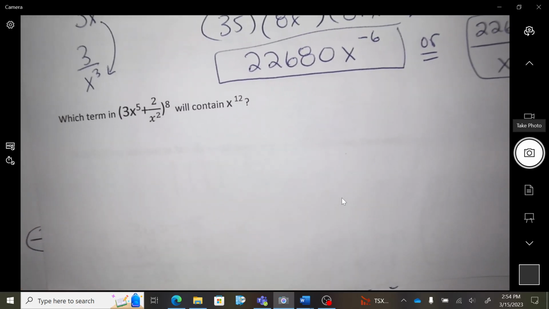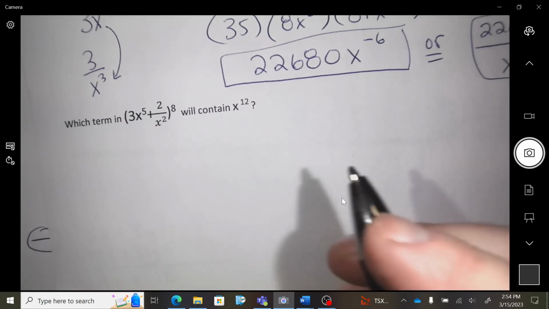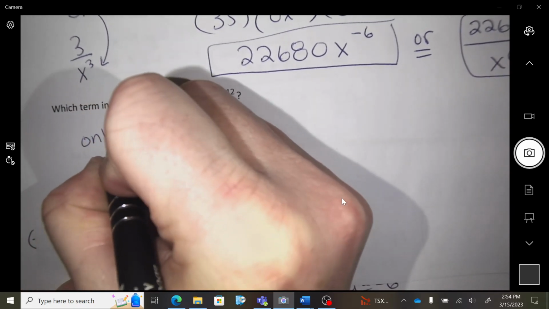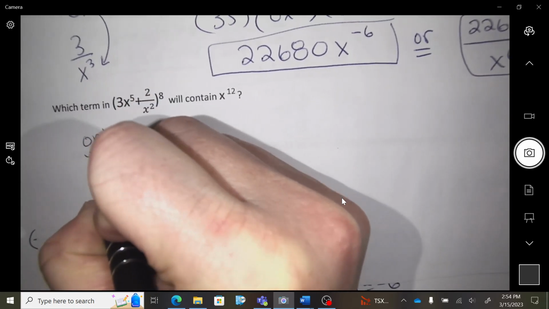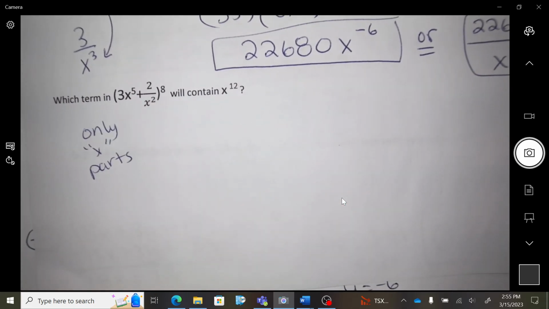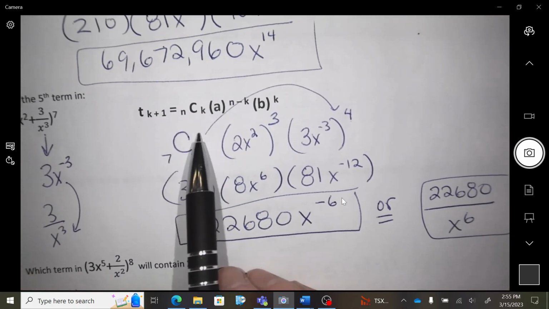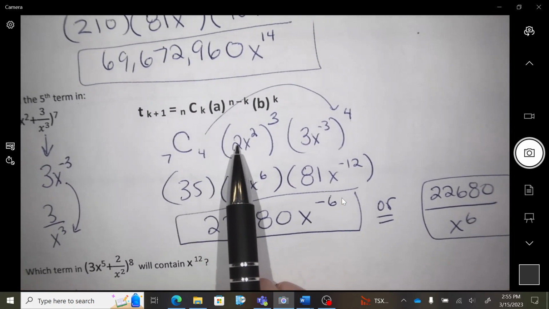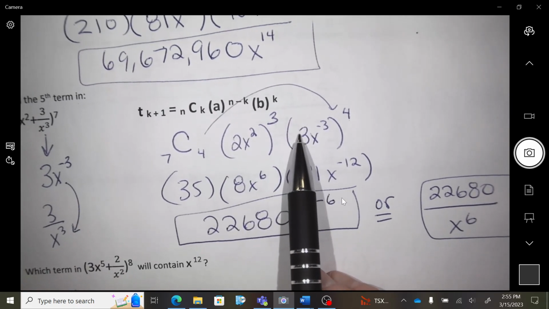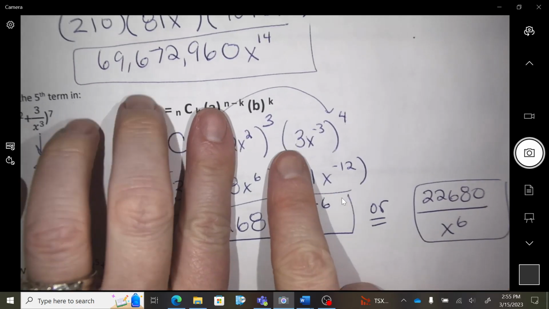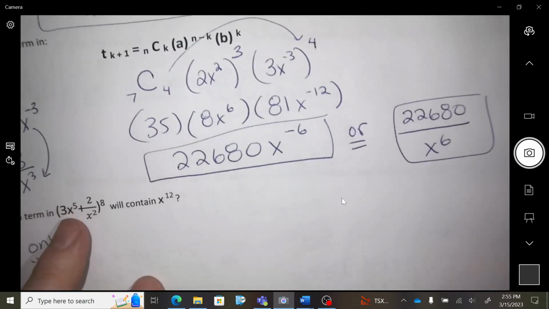So now, which term would end up with an x to the 12th in it? Okay, so I only care about the x parts. I'm not going to care about the coefficient, so I'm only taking the x parts.